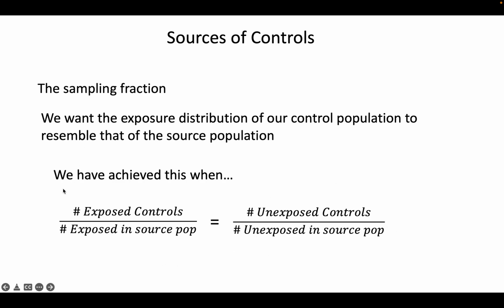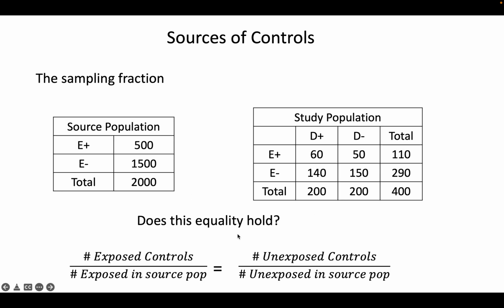So I'm going to show an example with a 2x2 contingency table that will likely make this a little clearer. Here we have our number exposed and unexposed in the source population. So 500 exposed and 1500 unexposed. So I guess this is a population of 2000.